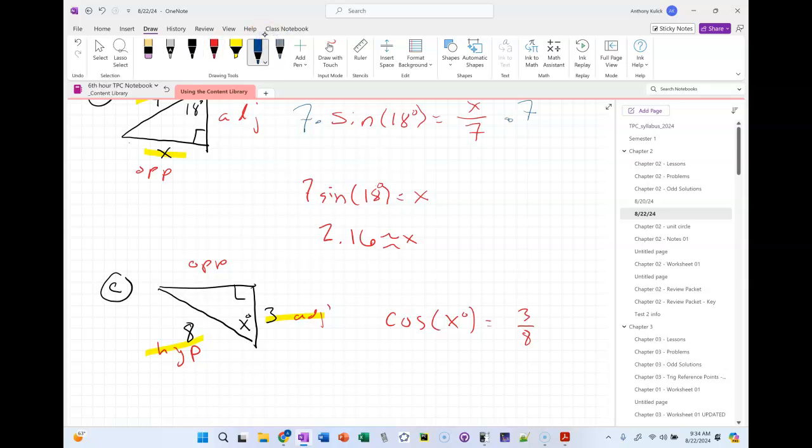So far, so good. And as we identified earlier, we do need to use an inverse because my variable is located inside of my trig function. In order to cancel out the cosine to get the x by itself, I need to use cosine inverse, right? So we'll do that to both sides. And those cancel each other out.